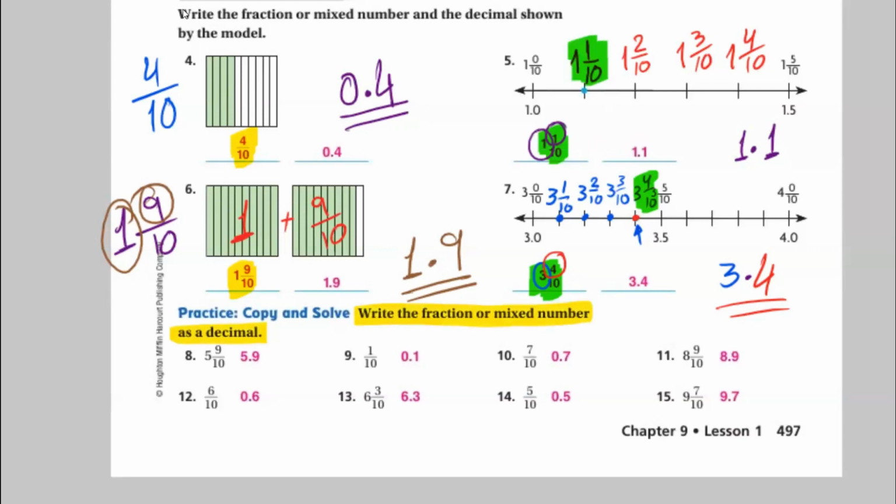Okay, so we have here 5 and 9 over 10. How can we write it as a decimal number? 5.9. First of all, put the point, and then we have 5, put to the left of the point, and then we have 9, put to the right of the point. Thank you, Mr. Mo'men, because I solved it by myself. You're welcome. Ayham, can you solve the next one?